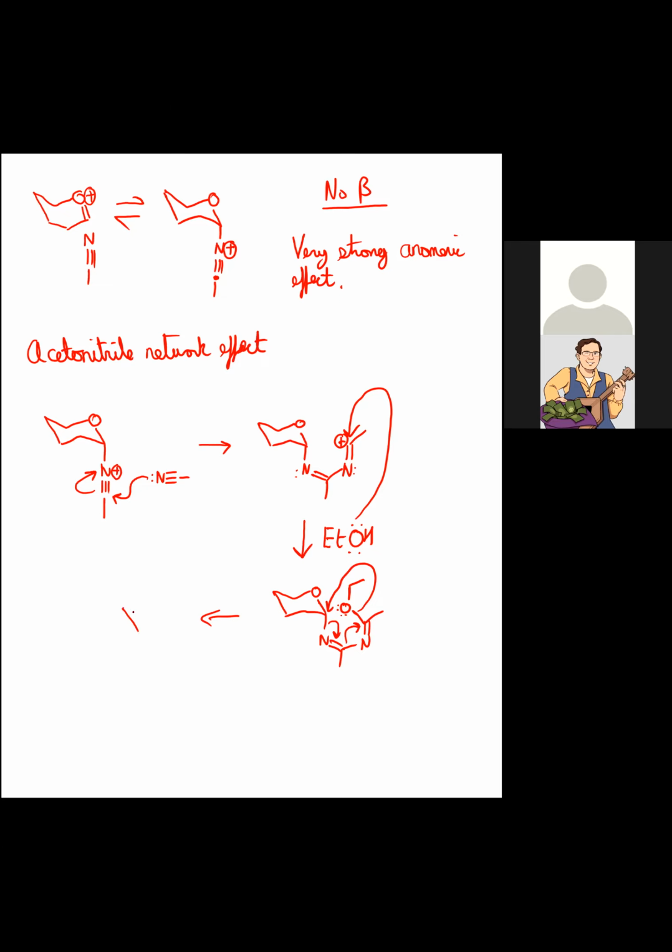Where basically this acetonitrile solvent has delivered the ethanol to the beta face. And so this might explain exceptional selectivity.